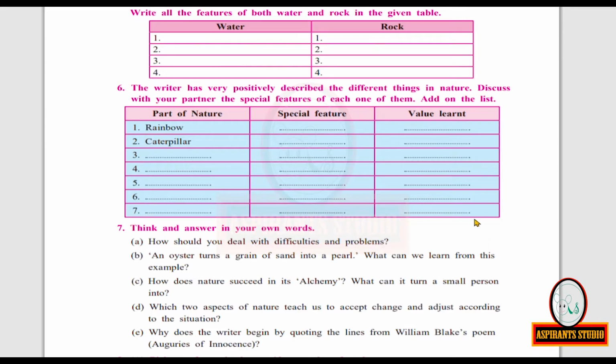Under value learned, you can write even big problems can be faced if we persist.